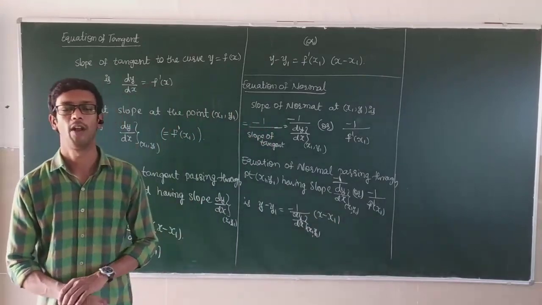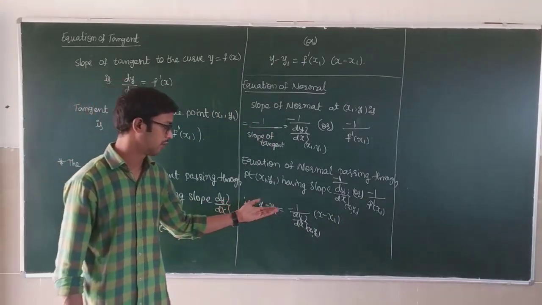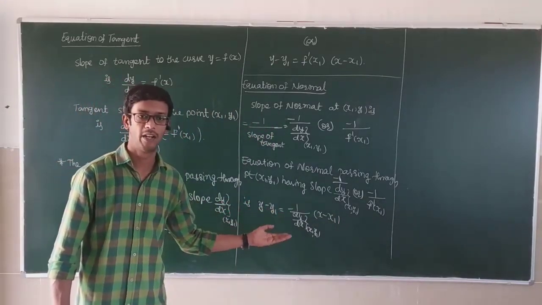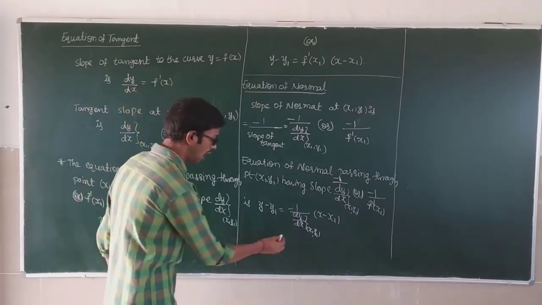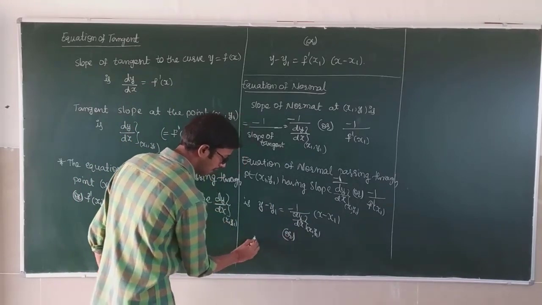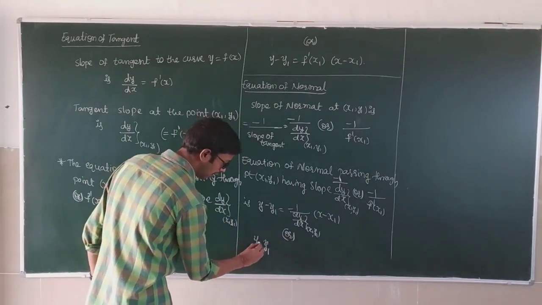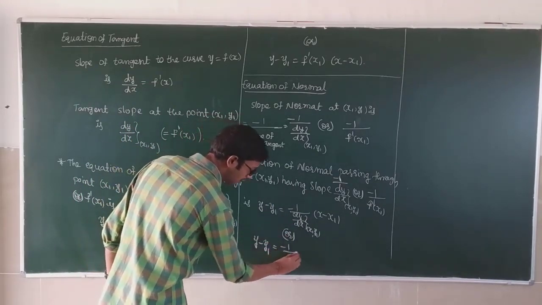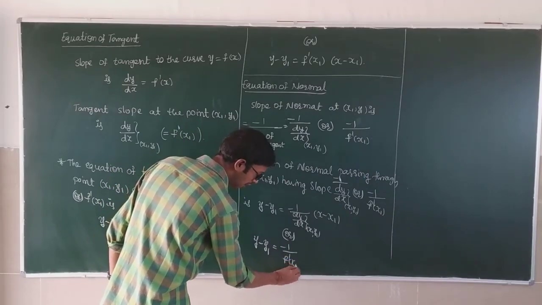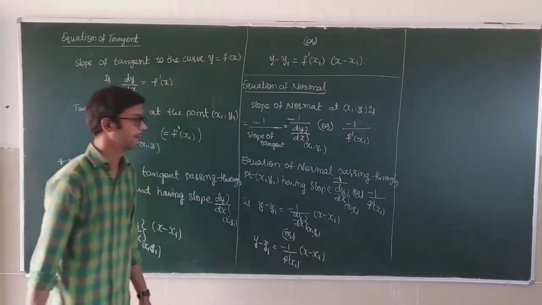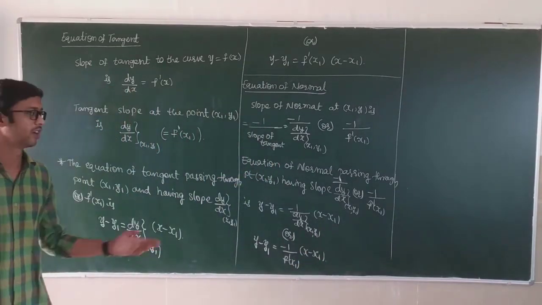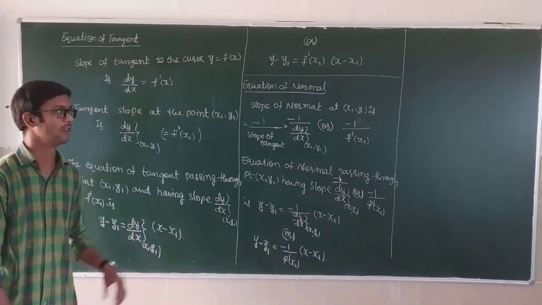The point slope formula we are using here. Y minus y1 is equal to -1 by dy by dx into x minus x1, or y minus y1 is equal to -1 by f dash of x1 into x minus x1. This is also the equation of normal, just another form.